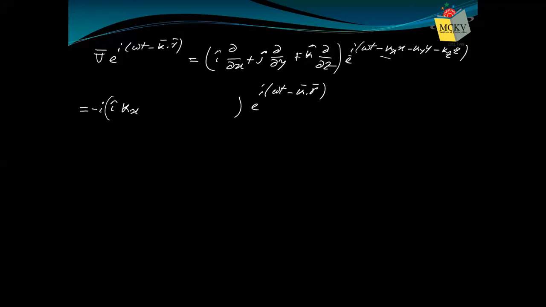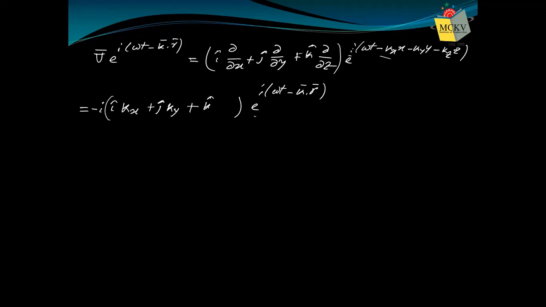Next j cap, del y of this. What will come out? Minus i ky comes out, and this remains. Third quantity, k cap, del z of this. What will come out?